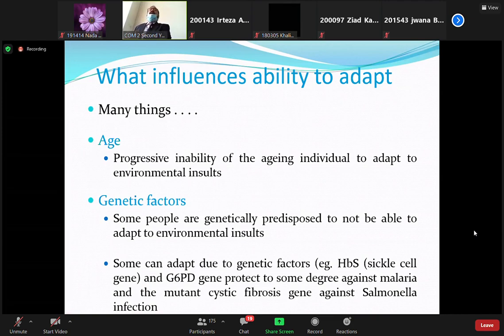So malaria cannot happen in these patients. Or if there is a mutation of cystic fibrosis, these patients do not get salmonella infection like typhoid. So this is a blessing to those, but on the contrary, it's bad. But there are some genes which actually protect the patient from such diseases.